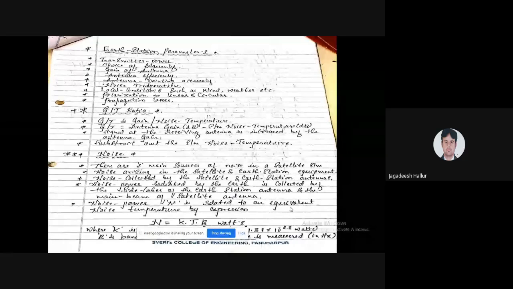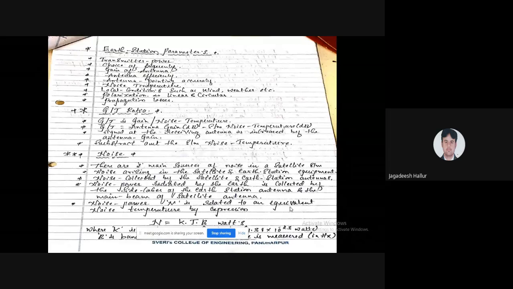Next, noise temperature is also important. We have seen the total noise temperature, that is T equals T1 plus T2 plus T3, so on to Tn. And the parameters consider local conditions such as wind and weather. That is also very important. If the wind and weather support a particular satellite, you will get a better signal. And the polarization of a particular antenna, whether linear or circular, and propagation losses. The losses are important.